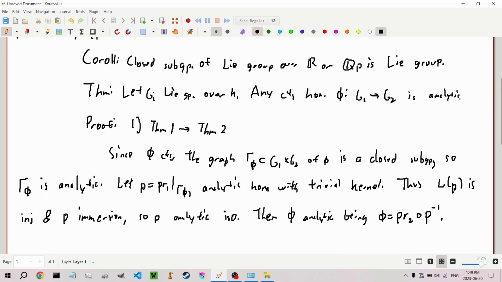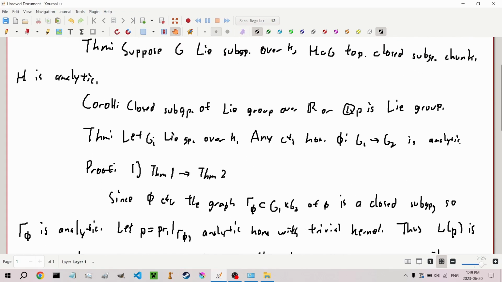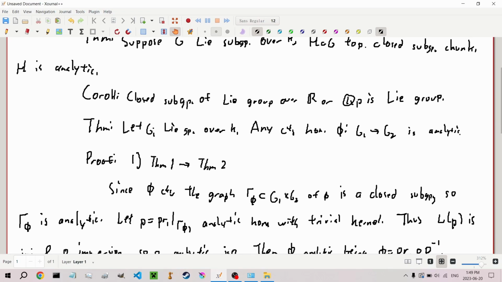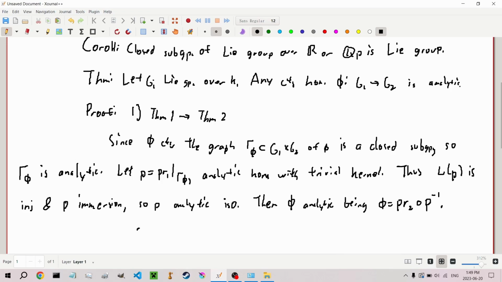Alright, so now we just need to show our first theorem, that any topologically closed subgroup chunk of a Lie subgroup is analytic. We're going to split this over two cases. First, we're going to show it in the case of the p-adics.